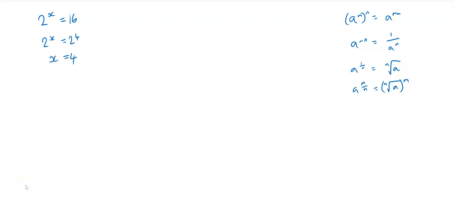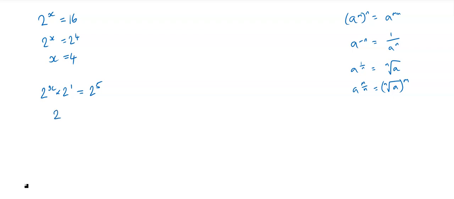It's important that we do have just 2 to the something equals 2 to the something else. So, for example, we can't have 2 to the x times 2 to the 1 equals 2 to the 5, and then say x times 1 equals 5. In this case, well, we might as well just solve this one.